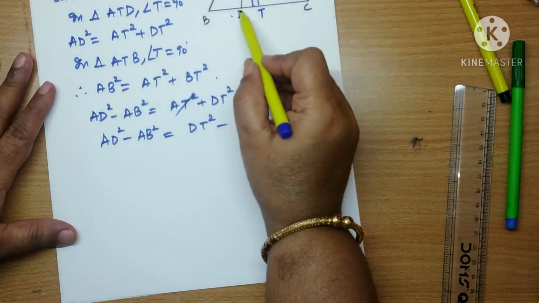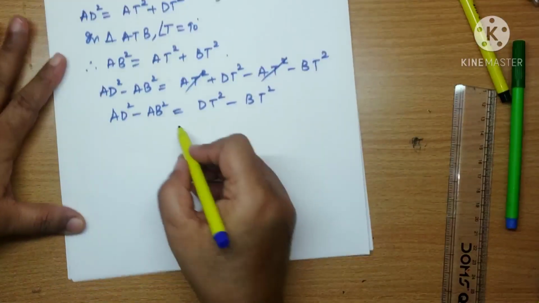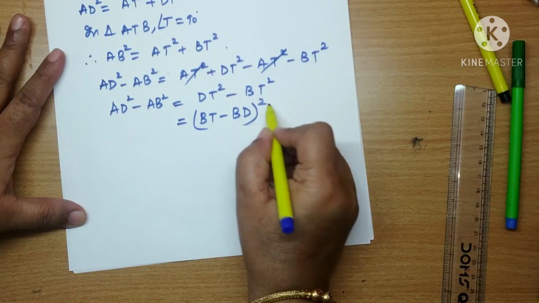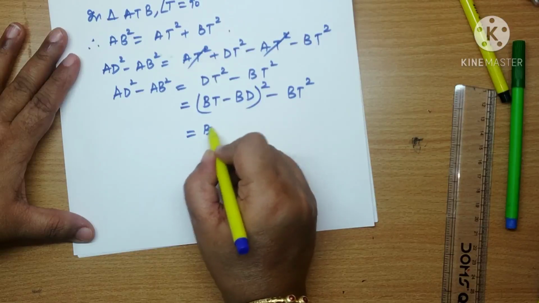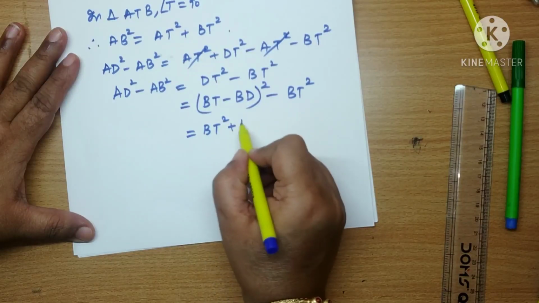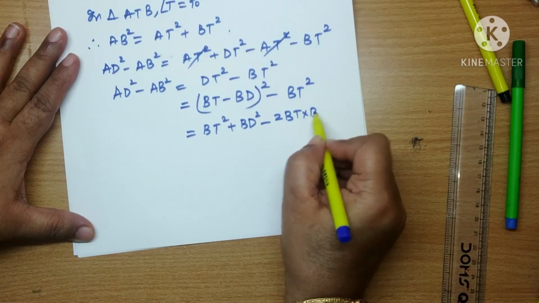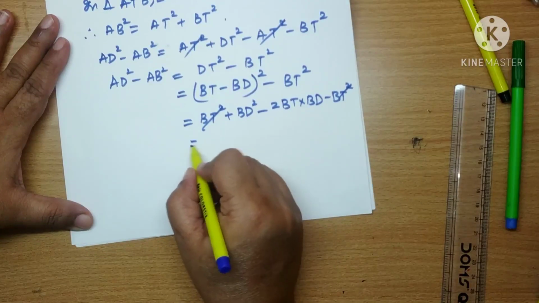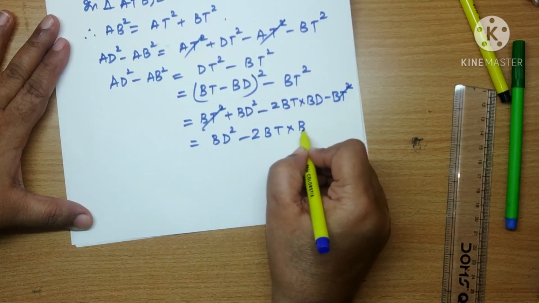Now DT, can I write it as BT minus BD? So let us write down BT minus BD whole square minus BT square. Using A minus B whole square, BT square plus BD square minus 2BT into BD minus BT square. This goes away. I am left with BD square minus 2BT into BD.